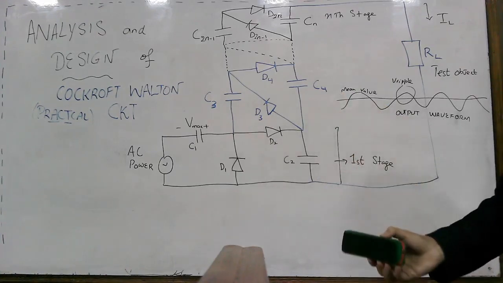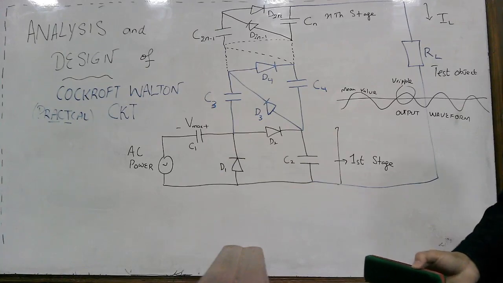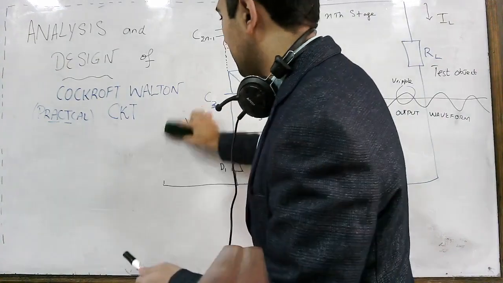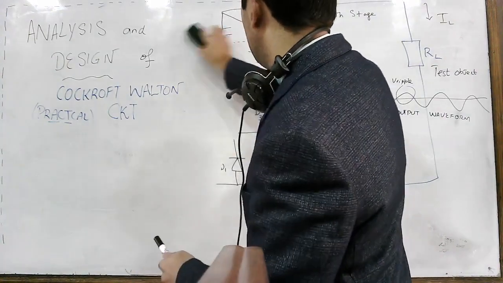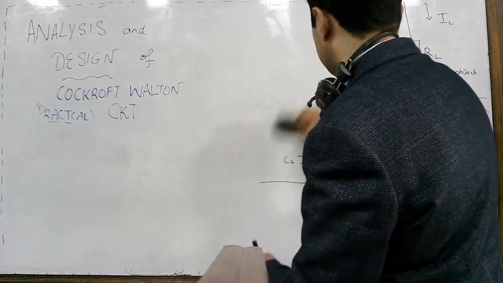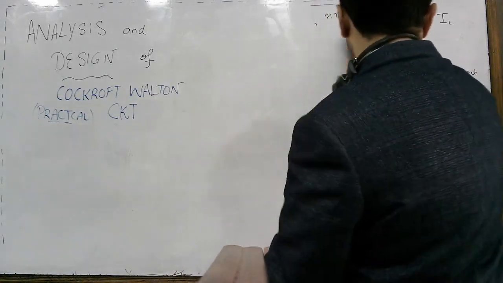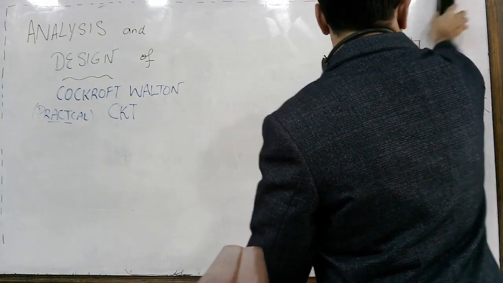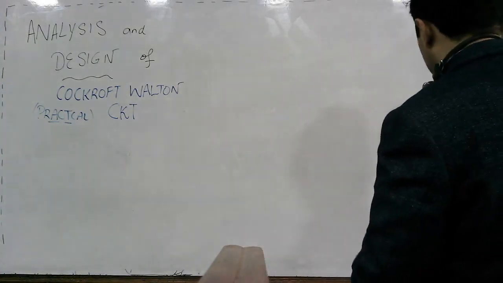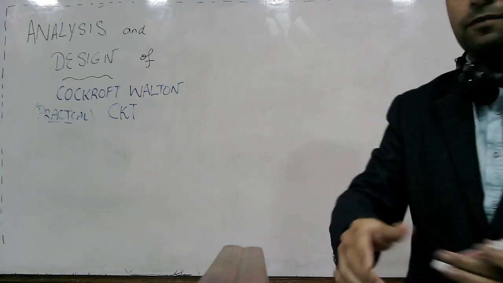Let's first draw the practical output waveform of this circuit, and now I am going to remove this circuit diagram from here, and we will be starting from the output voltage waveform.